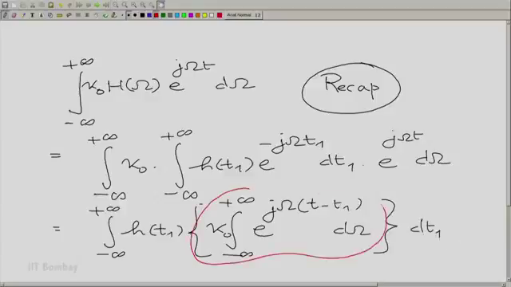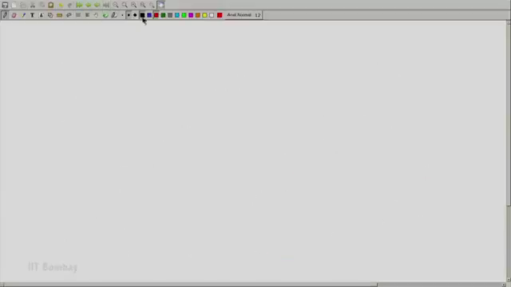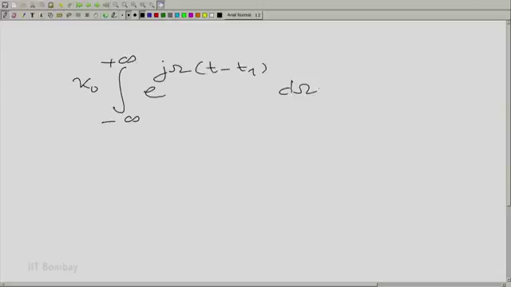We were trying to evaluate this integral, and let us look at it once again. This was essentially kappa 0 times the integral from minus to plus infinity of e raised to the power j omega (t minus t1) d omega, and this could be written again as twice kappa 0 times pi delta of t minus t1.